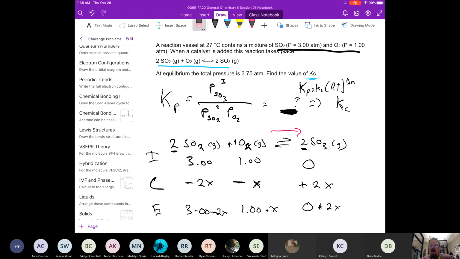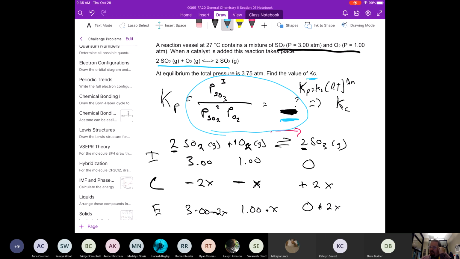So now we have to find a way to solve for x. Typically, if we had the value of the equilibrium constant, we could set up this expression, and that would allow us to solve for x. But now we don't have that value, so there has to be another way that we can solve for x.